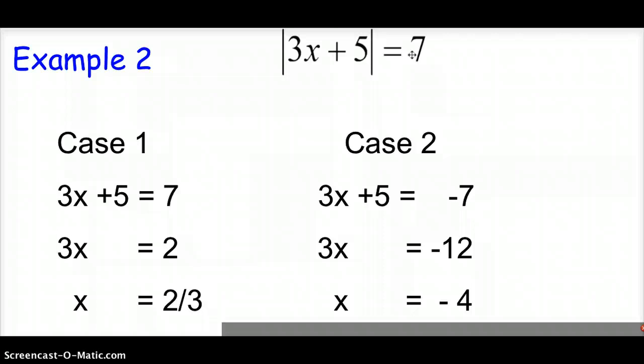Think of it this way: a distance can never be negative. A distance is always going to be a positive amount. If you're measuring the distance between two objects, for example, it's always going to be a positive number. It's not possible to have a negative distance. Okay, so absolute value is the distance away from 0.